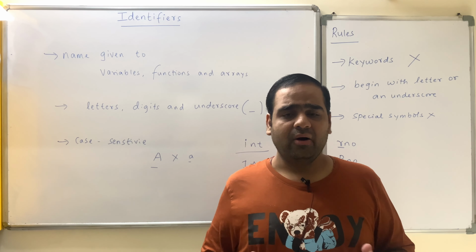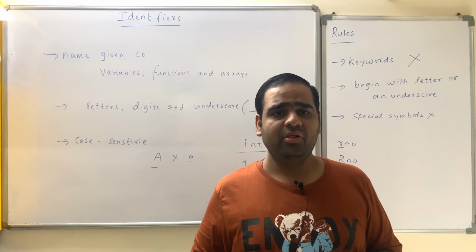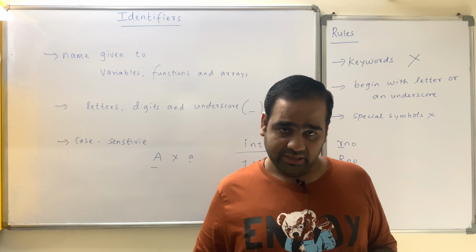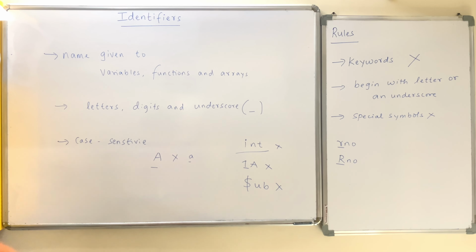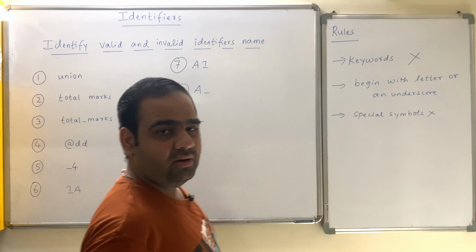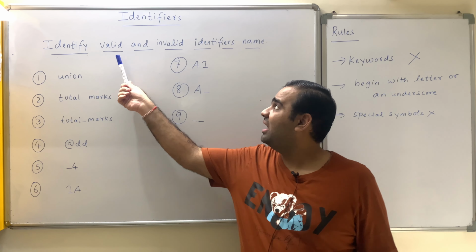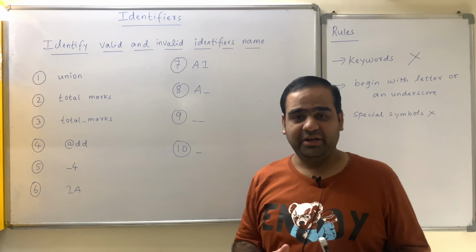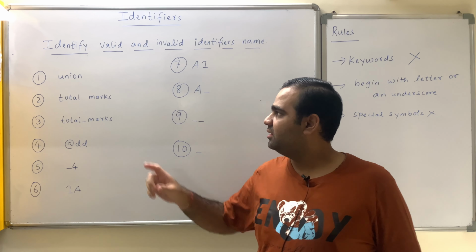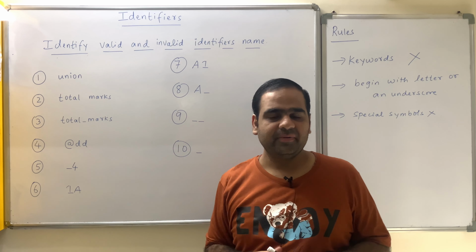Is that okay? Now let us see some examples of valid and invalid identifier names. Let us identify the valid and invalid identifier names. The first one is union.